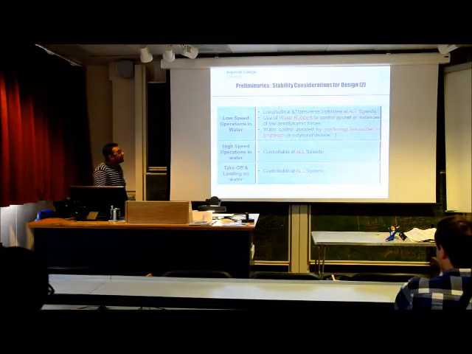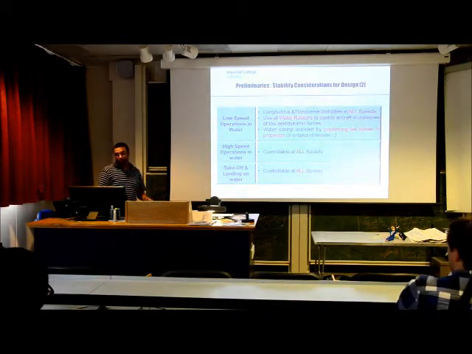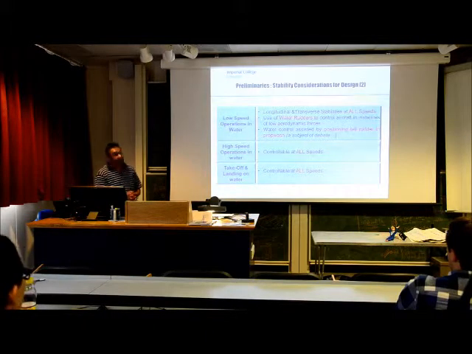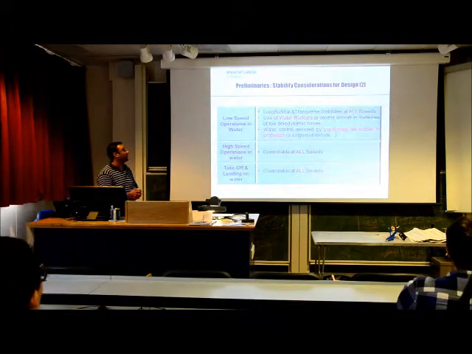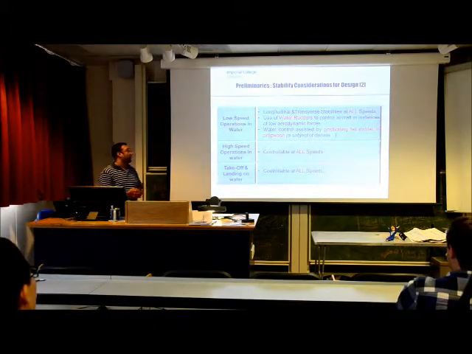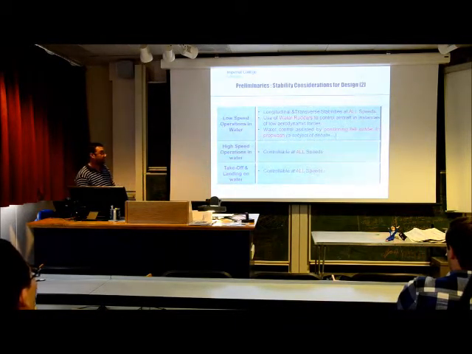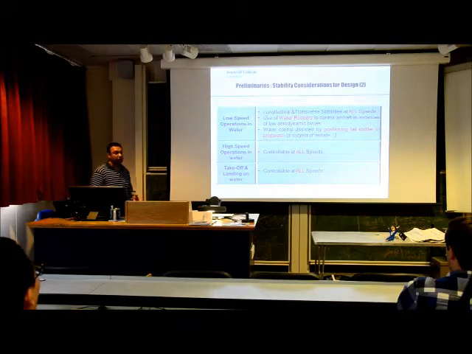In the design process, we have to give stability considerations to the different operations taking place in water. At low speeds there are very little aerodynamic forces, so we are looking at the longitudinal and transverse stabilities at all the different speeds, and we have to use water rudders, which are frequently used in design. That's from the research we've done.